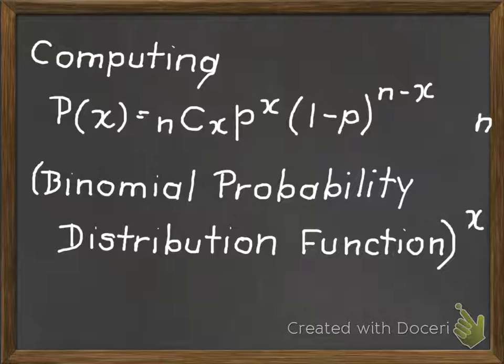In this short video, I will focus on using the binomial probability distribution function. P of x is equal to the combination of n and x times p to the power of x, times 1 minus p to the power of n minus x.